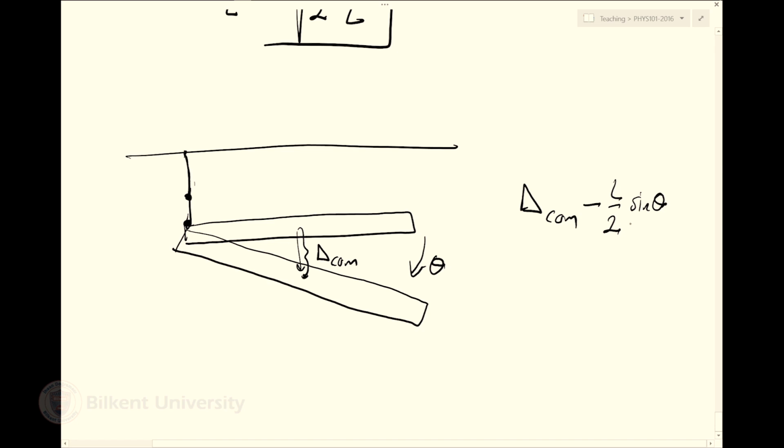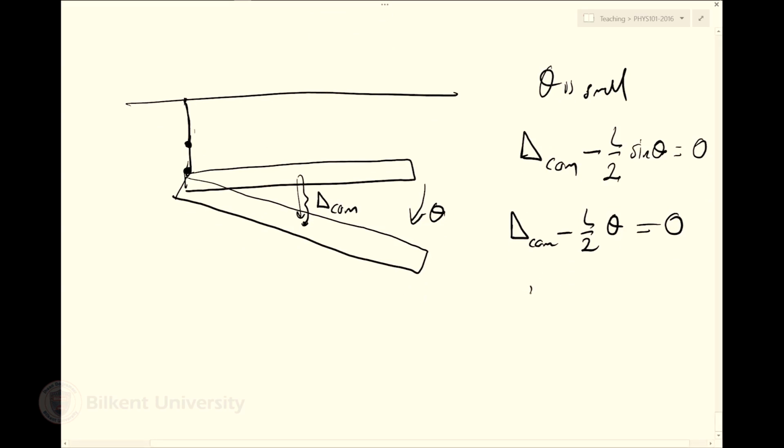For small angles, theta is small. I'm just starting my motion. So this distance must be 0. Delta center of mass minus L over 2 theta must be 0. If I take two derivatives, I'll find A center of mass minus L over 2 alpha is 0.